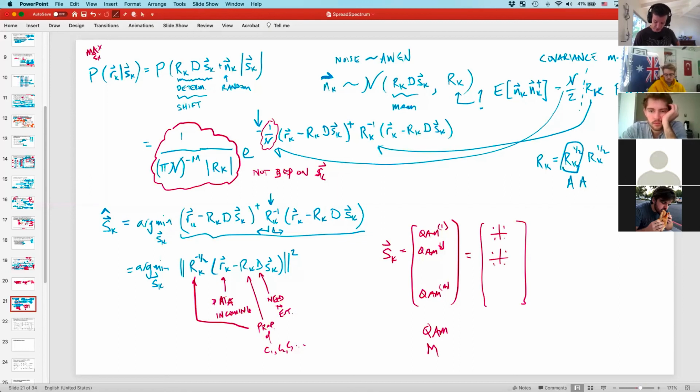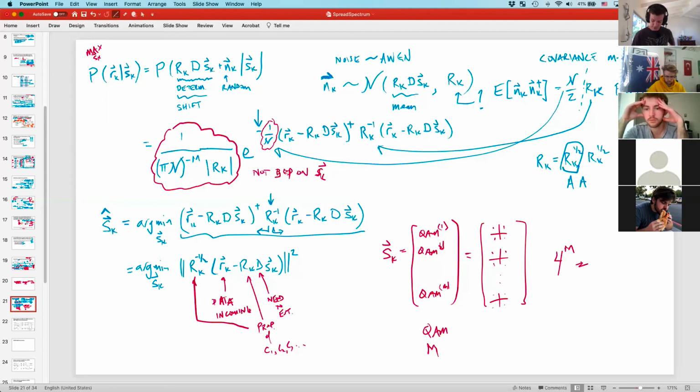User 2, one of those constellation points. All of them have 4 constellation points, and the 4 is from QAM. So the size is going to be 4, not times M, but raised to the M. User 1 can have 4 options. User 2 can have 4 options. User 3 can have 4 options. So we're doing 4 times 4 times 4 up to the total number of users.